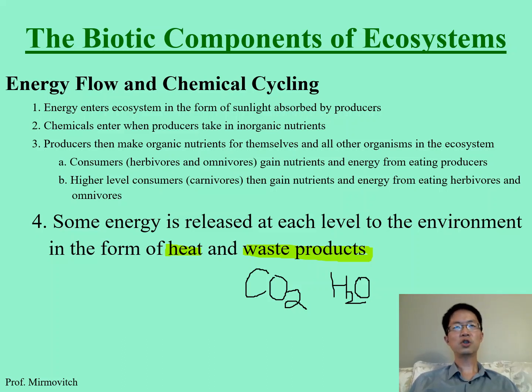So these two will become the input for the photosynthesis for the producer. And remember, these two are from cellular respiration. So we animals release the byproduct of cellular respiration back to the environment so that producer can use them to make more food for us. So I call this a mutualism. It's one of the symbiotic relationship.